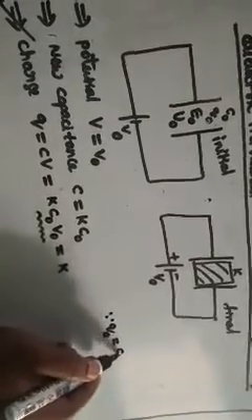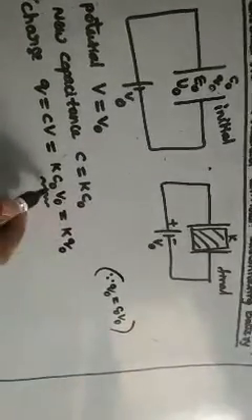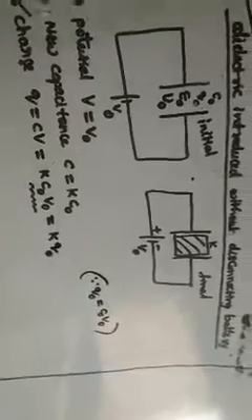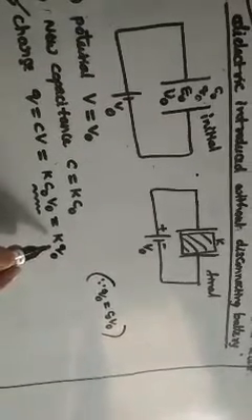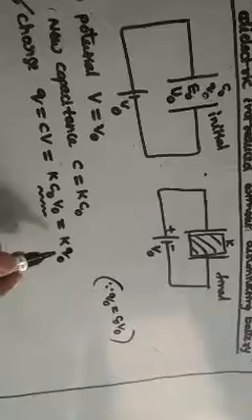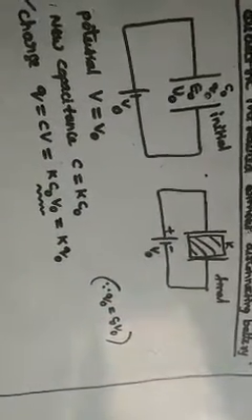This is K times C naught V naught, since Q naught is equal to C naught V naught. It is the basic formula, Q is equal to CV. So what is happening? The charge increased by K times. Remember this sentence: by the introduction of dielectric slab K, the charge increased by K times. Remember this sentence very carefully.